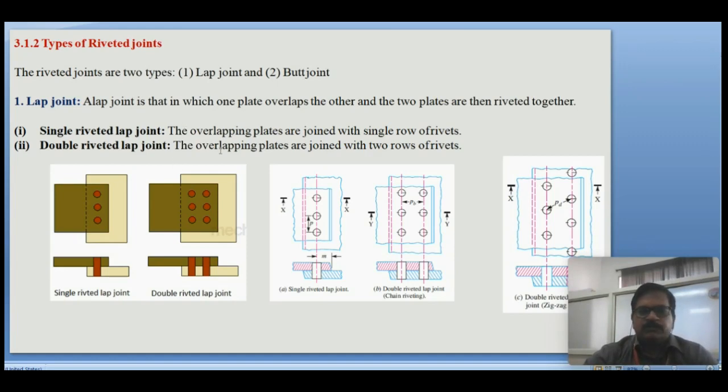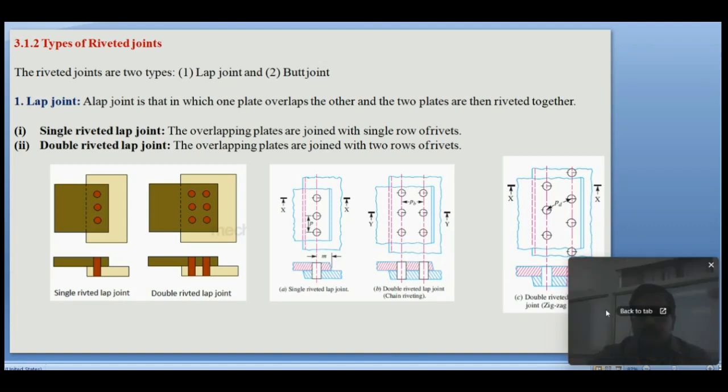In the lap joint, depending upon the arrangement of the rivets, they can be single riveted or double riveted. Single riveted means there is one row of rivets, and double riveted means there are two rows of rivets.